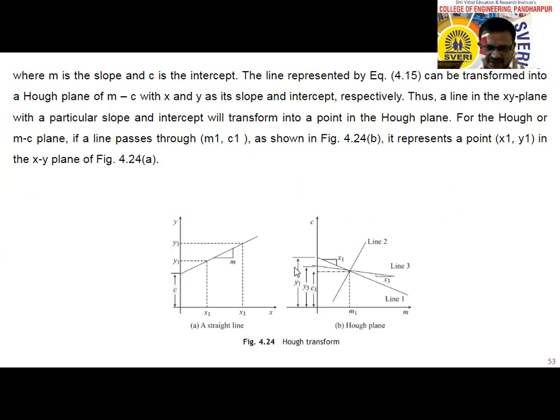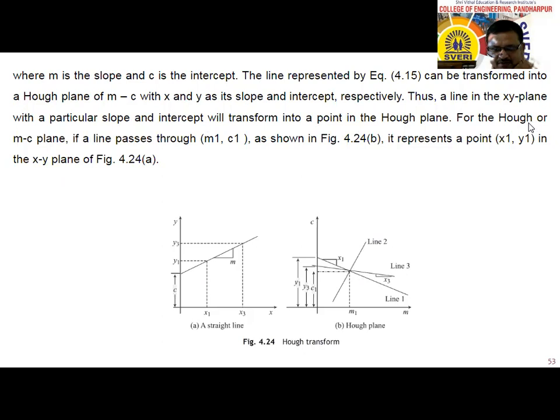See that a straight line is represented on the left-hand side, with coordinates x1, y1 on this line and x3, y3 on this line. Now we have taken slope m, and c is nothing but a constant. Thus, a line in the xy plane with a particular slope and intercept will transform into a point in the Hough plane. See that this is the Hough plane.